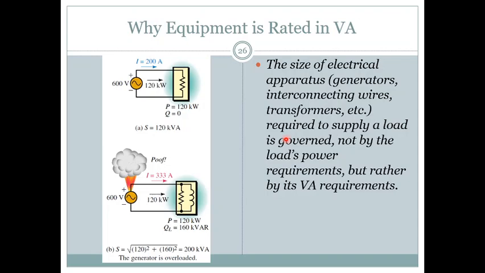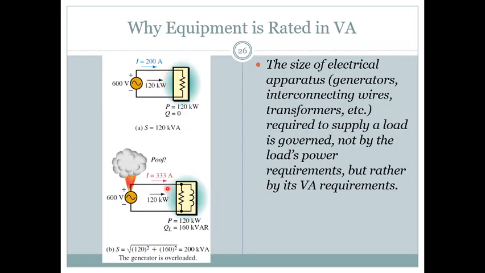But when it comes to industry, instead of marking them as watts, they mark them as volt amperes. The power rating is marked as volt amperes. The reason is, if you mark the wattage, that indicates the real power consumption.